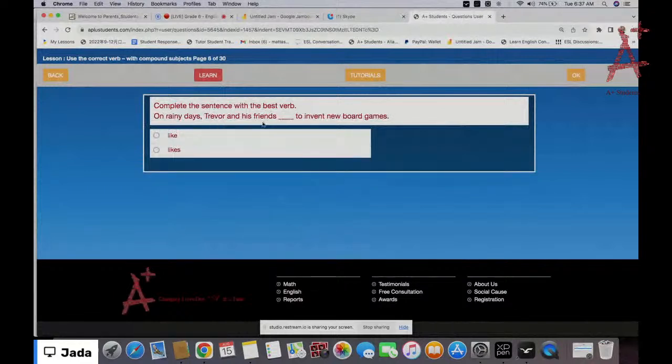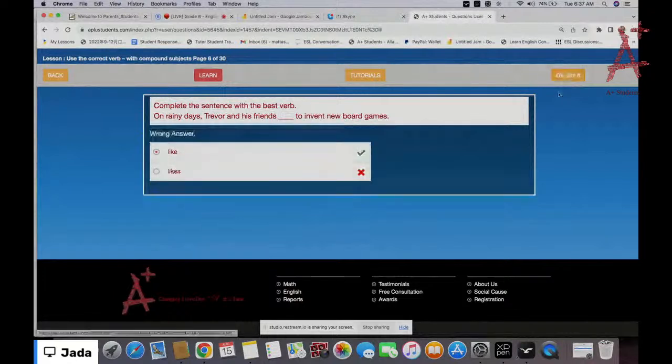On rainy days, Trevor's friends like to invent new board games. Like or likes? So let's say likes. Let's see if that's correct. Now that's wrong, because friends here shows that it's plural.